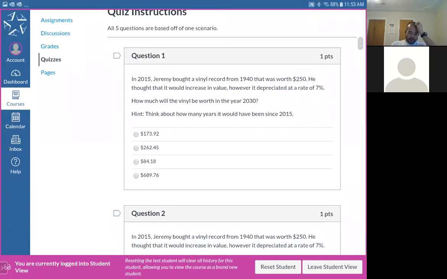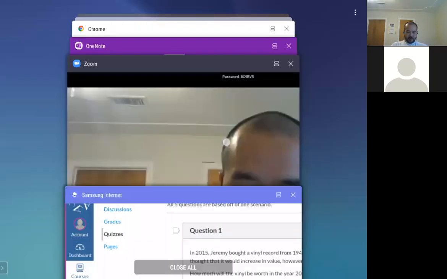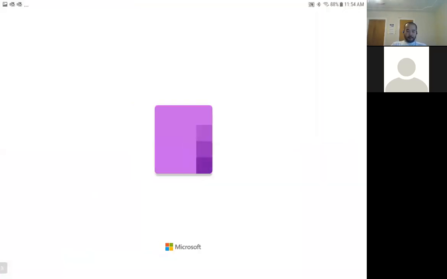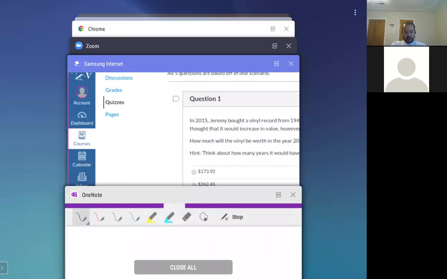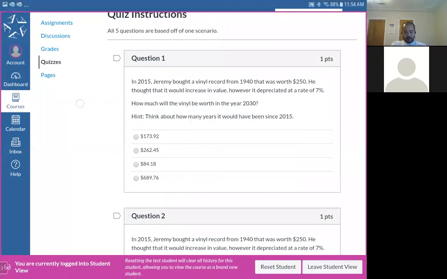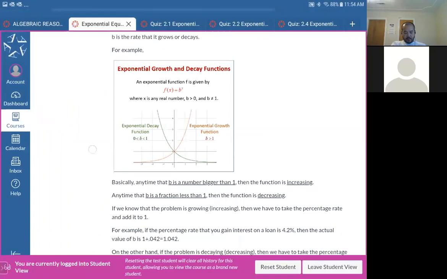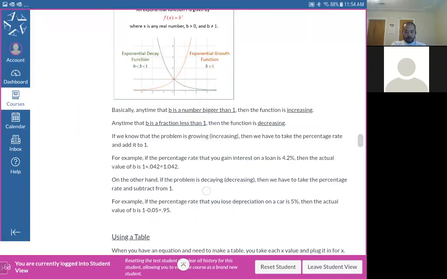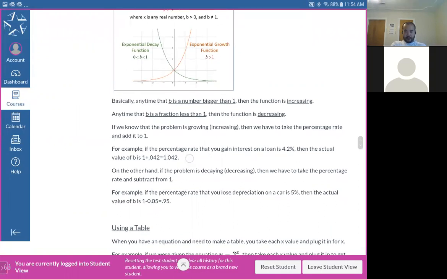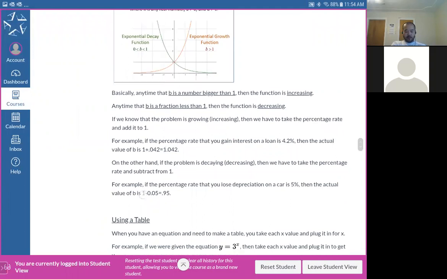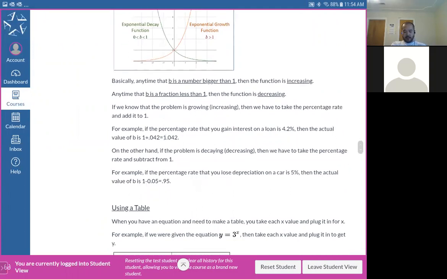It talks about appreciation and different things. So I'm just going to go back to my scratch notes here and talk you through this. If you have growth or decay, what you'll want to be using is what we used a second ago, but it's on here in the notes. If you have growth, you do 1 plus whatever your percentage is as a decimal. If you have decay, you do 1 minus whatever your percentage is as a decimal.